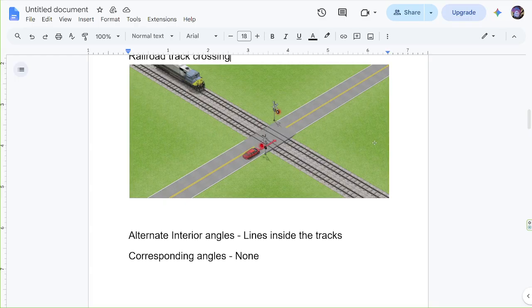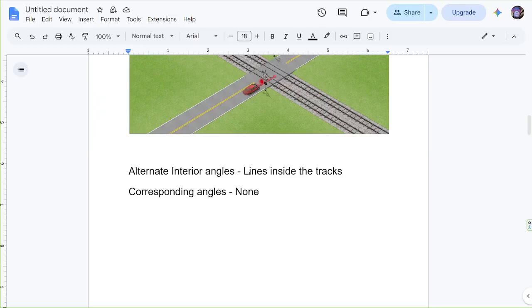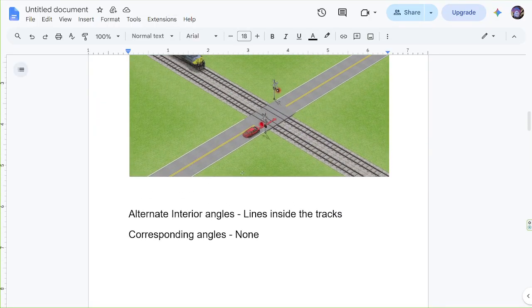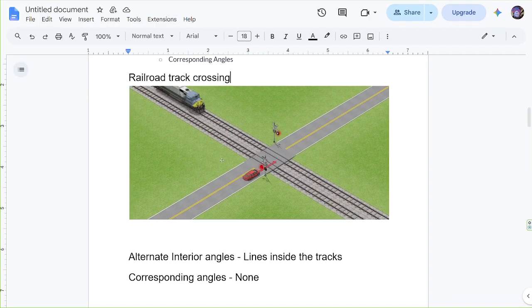But if you had a perpendicular line going through like this, then there would be. Say if it was on a road, this looks like it's more on a highway. But if it was on a road and that's some town that the train is going through, then there would be corresponding angles. But I didn't really find any good images.